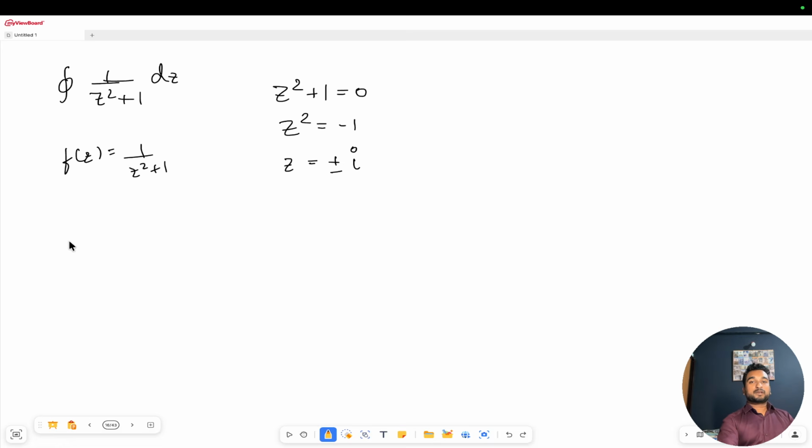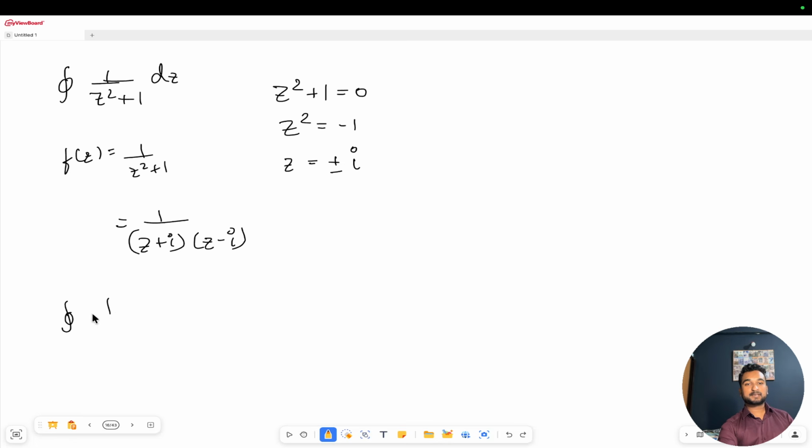And how to calculate residues if there is a simple pole? This function you can write as z plus iota into z minus iota. So plus iota and minus iota are both simple poles. How to write those residues, we'll see afterwards.